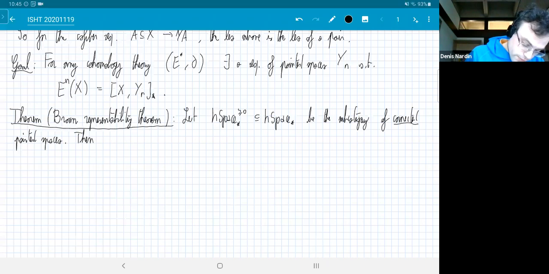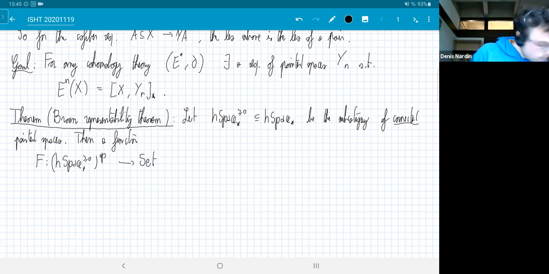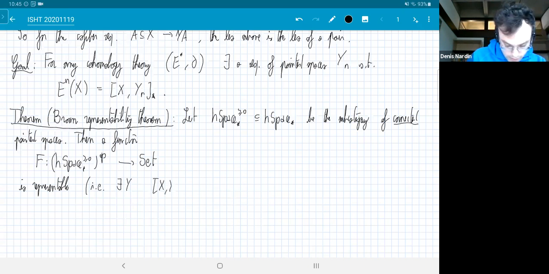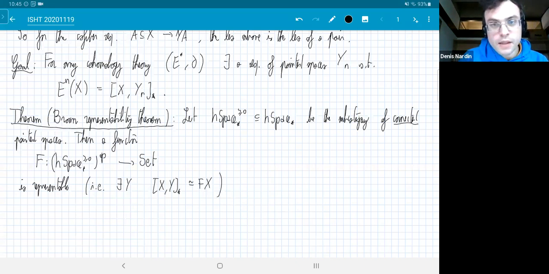Then a functor F from H-Space greater or equal than 0 into Set is representable, i.e. there exists Y with the property as above, if and only if it has the following two properties.